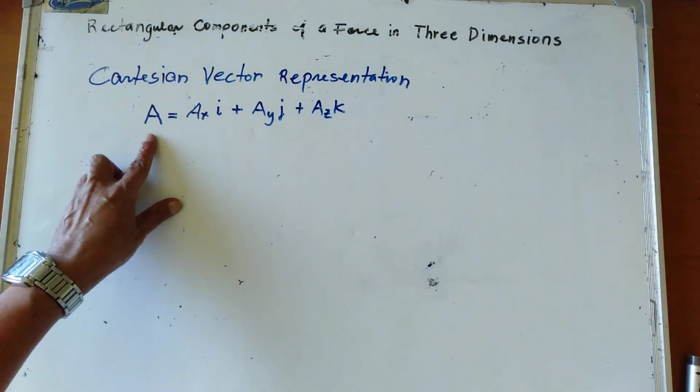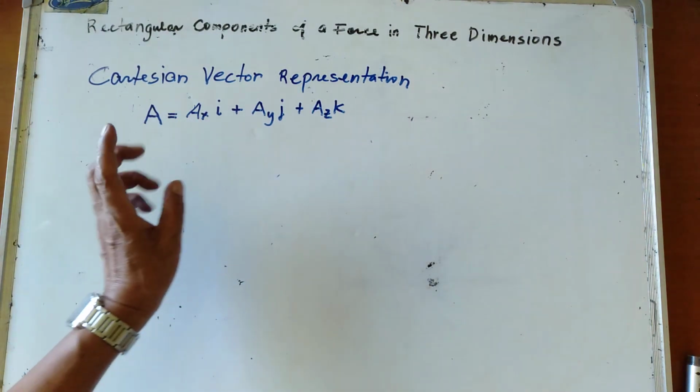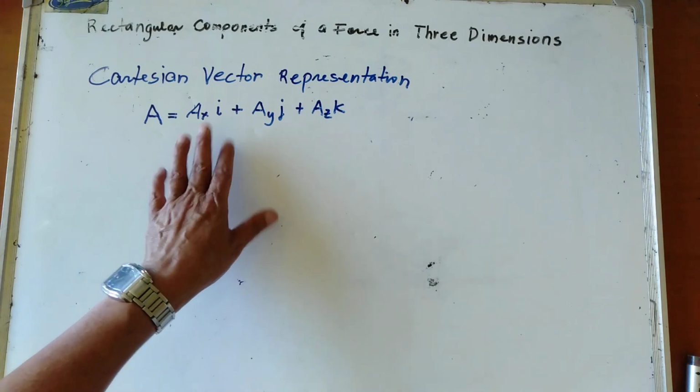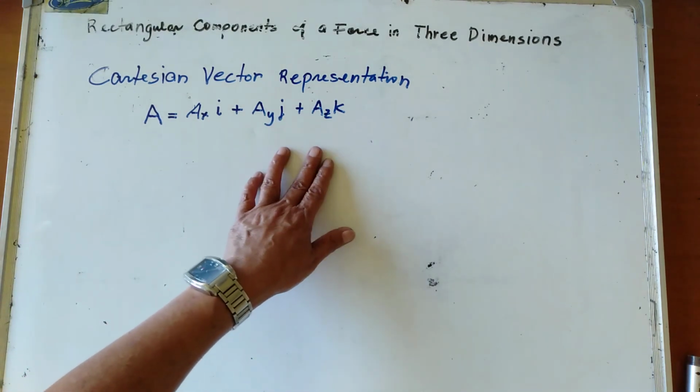So vector A has the rectangular components AXi, AYj, and AZk.